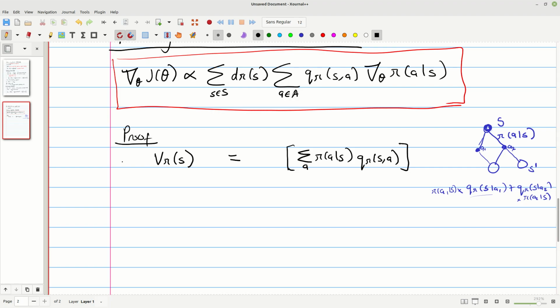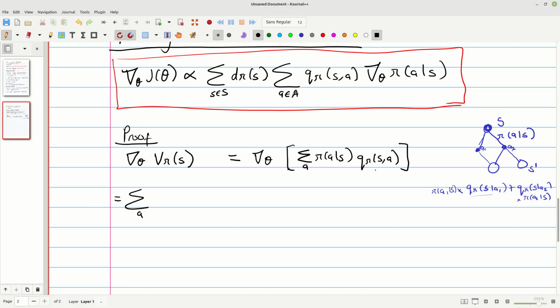So essentially we have this, which means the derivative with respect to theta. Here I'm not going to use pi theta or anything. You can just assume that pi is a function of theta, right? So I'm just going to leave that notation out. So the derivative of this is equivalent to the derivative of the term on the right here, right? And you can see why that's the case. And this is essentially equal to the summation over all actions.